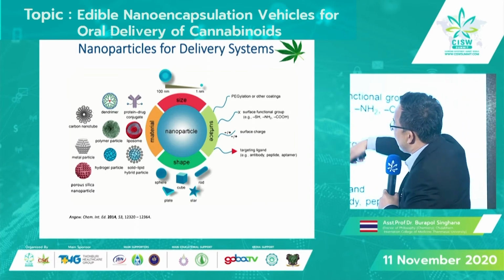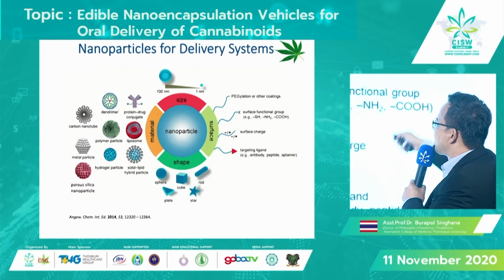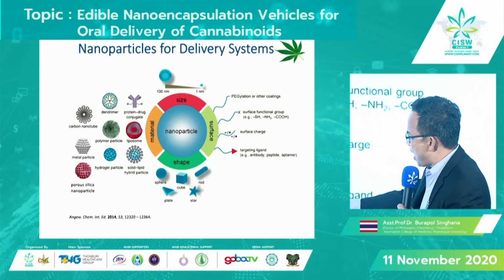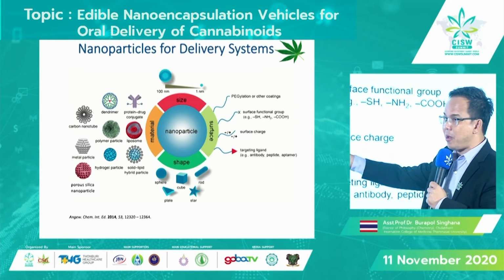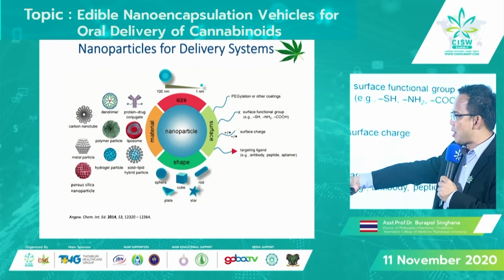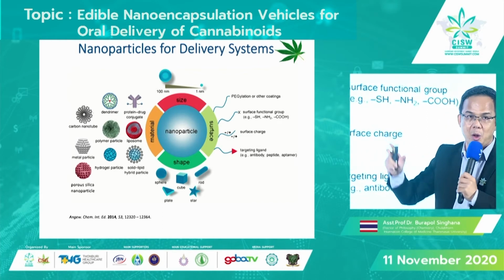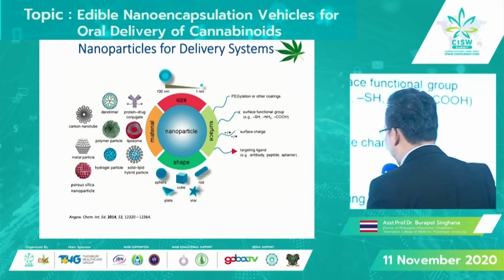So this is the nanoparticle delivery system so far. Nanoparticles can be made from inorganic and organic materials. You can make them from polymer, or from silica or polysilicon nanoparticles. You can pick depending on your application. And the important thing is you can control the size.